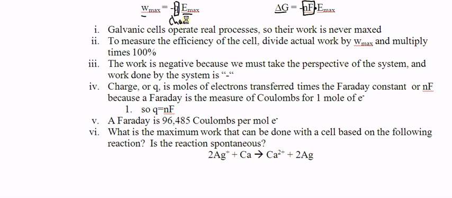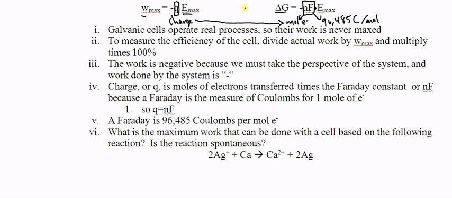So Q is charge, n is moles of electrons, F is the Faraday constant, which is 96,485 coulombs per mole. So charge is moles of electrons times the Faraday constant.